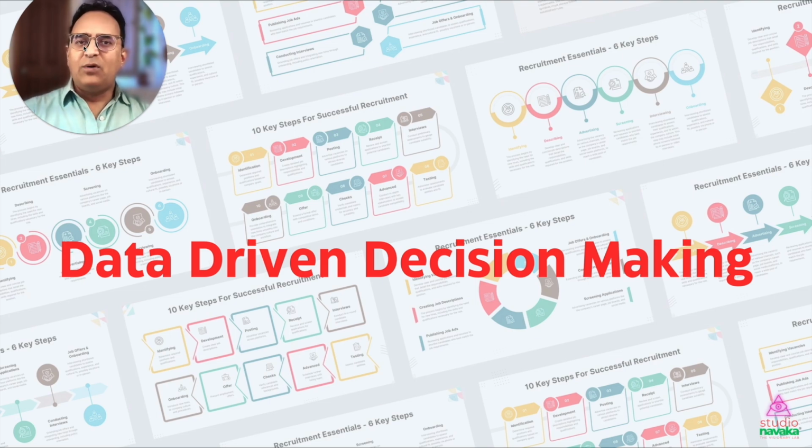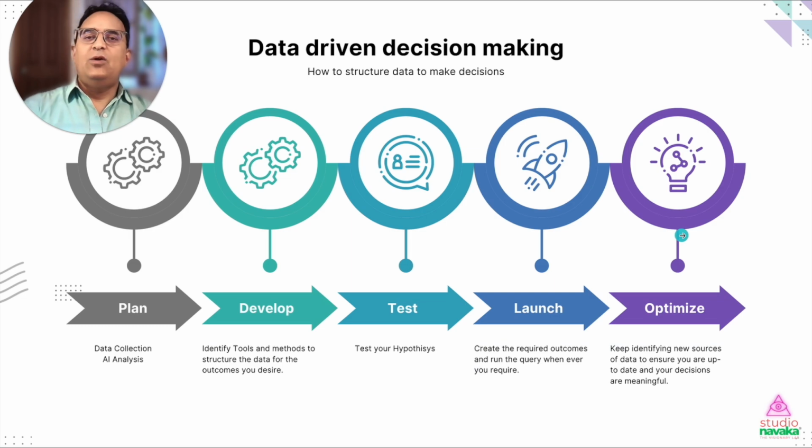However, I've broken this into a simpler way to look at things. The first aspect is looking at the five stages of deciding which data you need to collect and how you need to utilize it. These five phases are called planning, developing, testing your hypothesis, launching, and continuously optimizing what you have done.